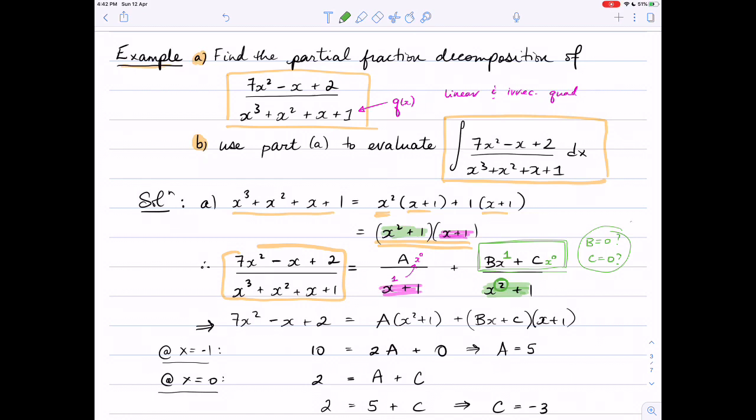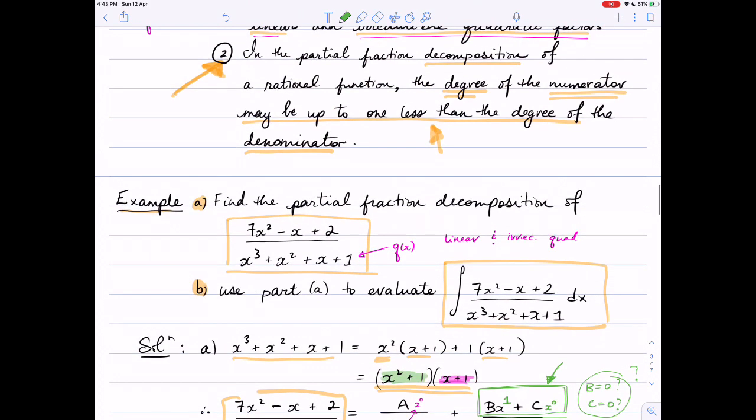And so to be the most general that you can, to set up the decomposition and solve for these constants, when you have an irreducible quadratic in your denominator, your numerator will be a linear term. Okay, that is what this second result is telling us.